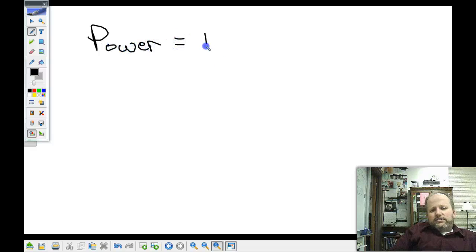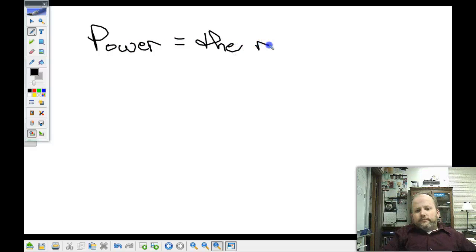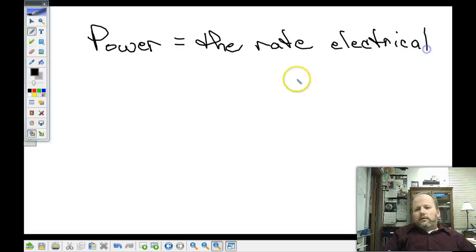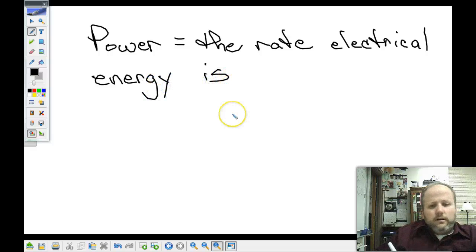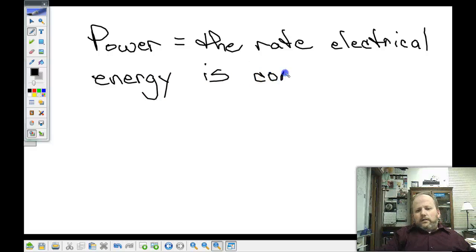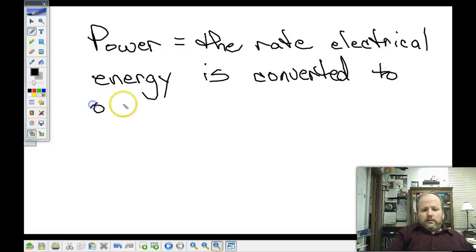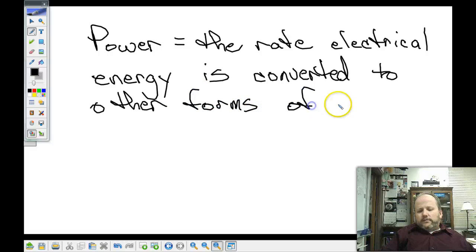And power is the rate electrical energy is converted to other forms of energy.